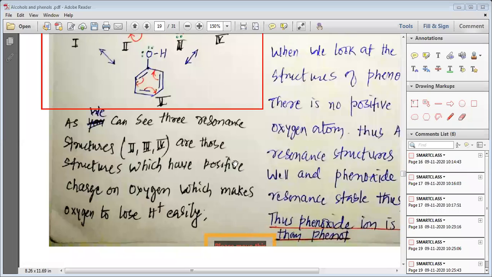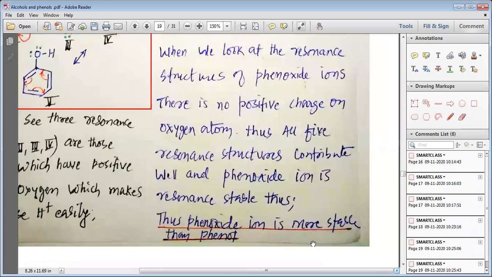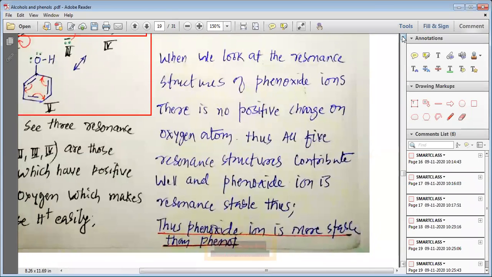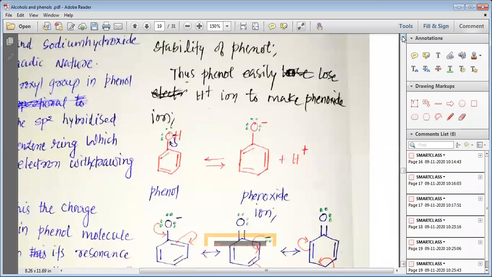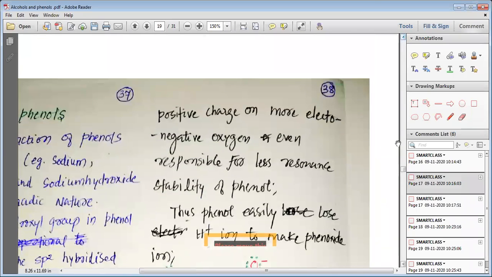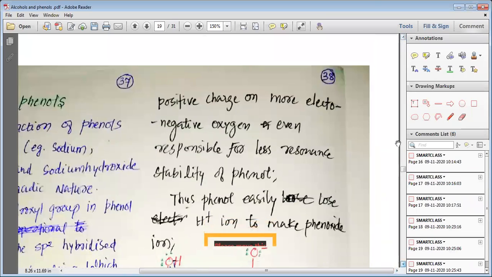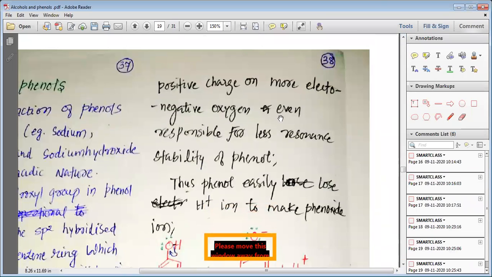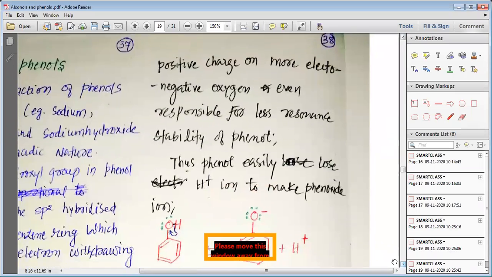have a positive charge on oxygen, which makes oxygen lose the H plus ion easily. So due to the positive charge on oxygen, phenol loses its H plus ion easily. Positive charge on the more electronegative oxygen is even responsible for less resonance stability of phenol.